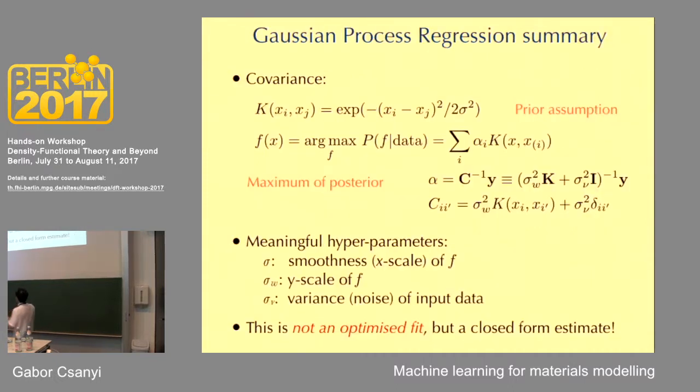So the summary is that Gaussian process regression really comes from this probabilistic way of looking at things. In a longer talk I would have gone through the maths of that, but what it gives us are interpretations for some of these parameters in the kernel that we use as basis functions.